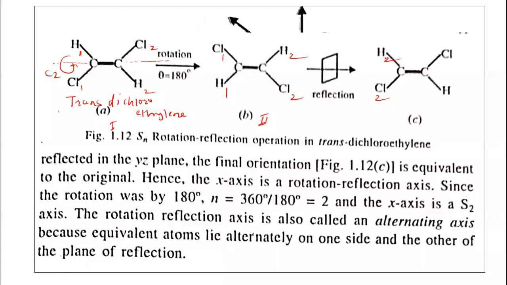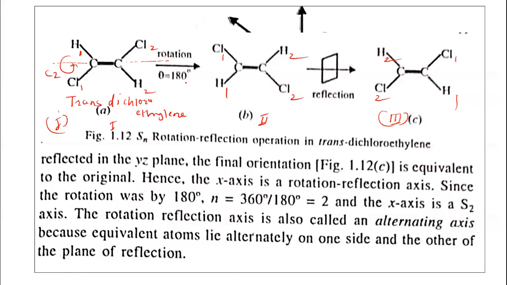Now Cl1 goes to the back side, and this is hydrogen 1. So now you can see the configuration: the first and third are equivalent orientations. It means that this molecule has the improper rotational axis.